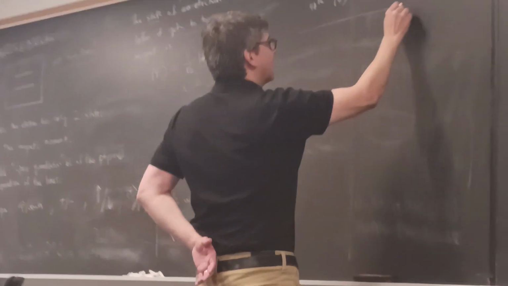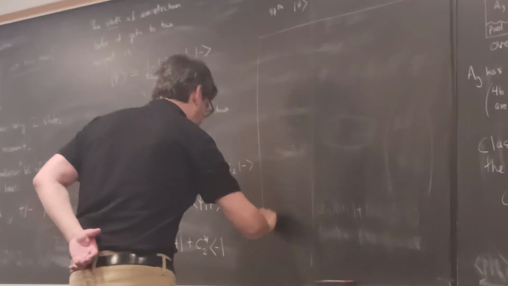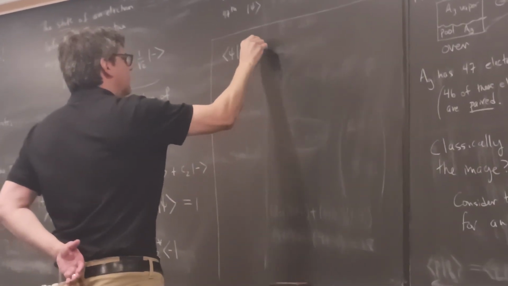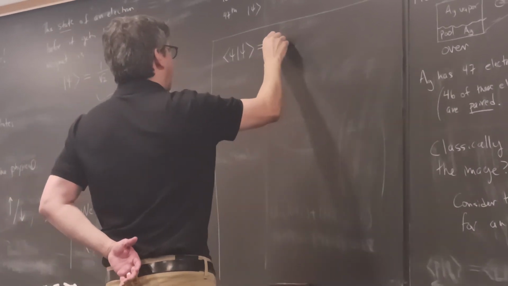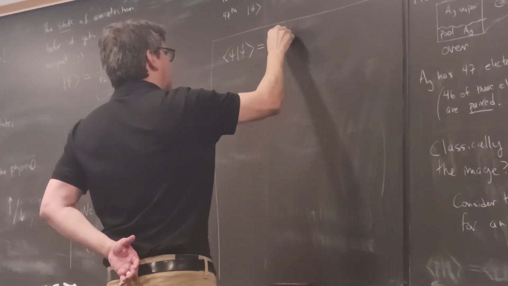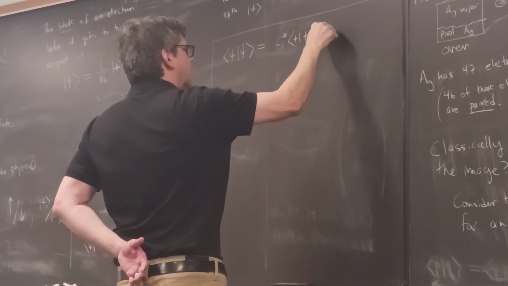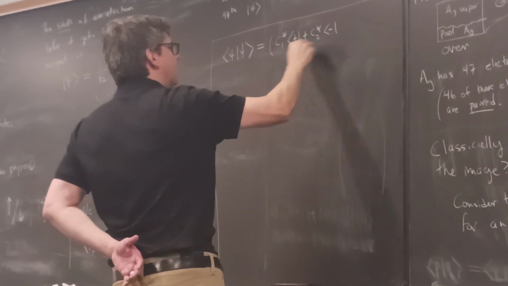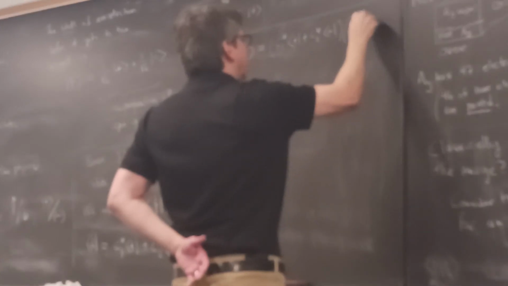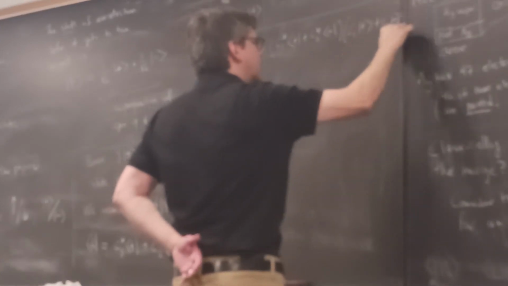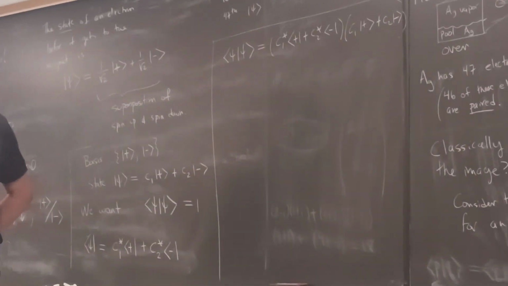So then we can take the inner product. If I take the inner product, then I will have C1 star plus C2 star minus, times C1 plus C2 minus.